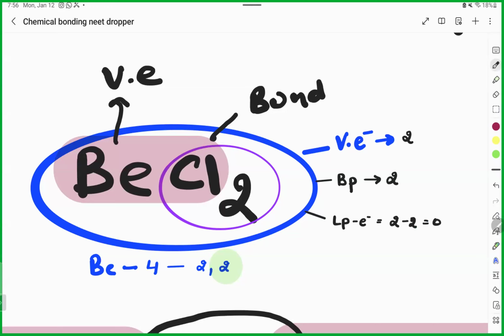So what will be number of lone pair electrons? 0. What will be lone pair? 0. Remember, number of lone pairs is half of the lone pair electrons, because one lone pair contains 2 electrons. That's the reason. Any doubts, Sarah? No, sir.